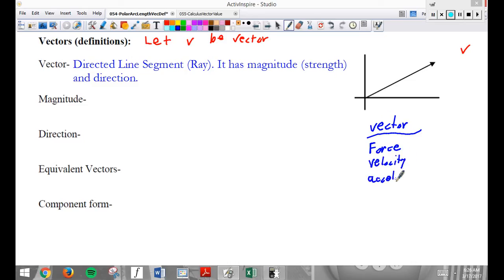Acceleration. I'm traveling 50 miles an hour north, and it has a direction in which you're going. Acceleration, same thing. Those are the classical examples.